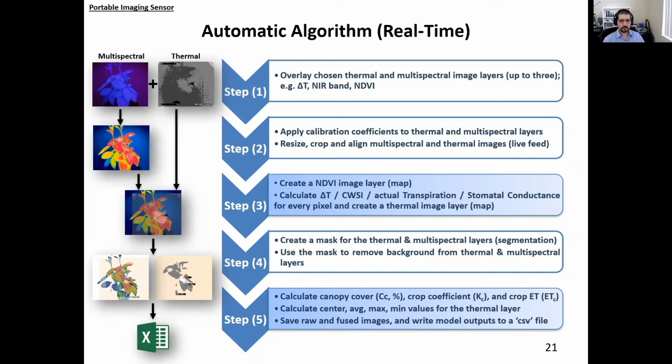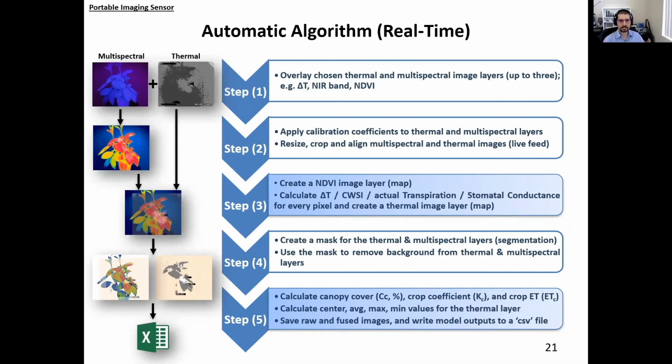It applies calibration coefficients to thermal and multispectral layers, does some image processing, and then creates an NDVI image layer, calculates delta T, CWSI, actual transpiration, etc. for every pixel, and then creates a thermal image layer that you can see on the screen. It creates a mask for thermal and multispectral layers by segmenting the image, and then uses the mask to remove background from thermal and multispectral layers.